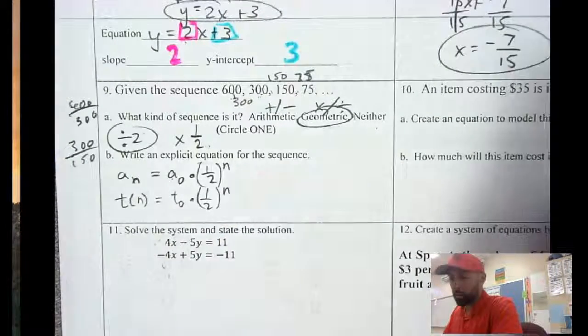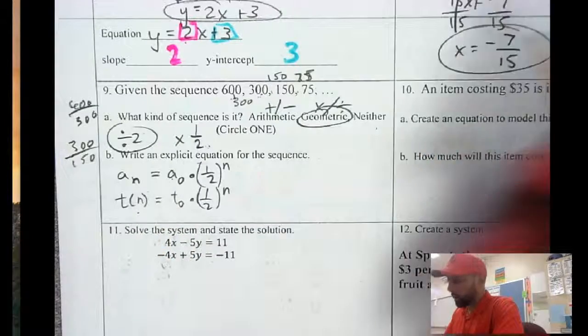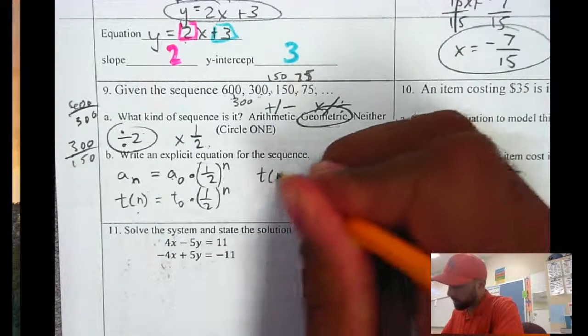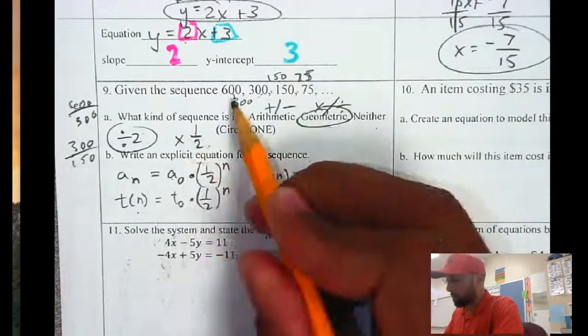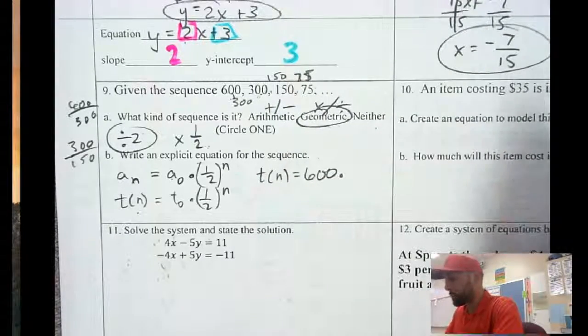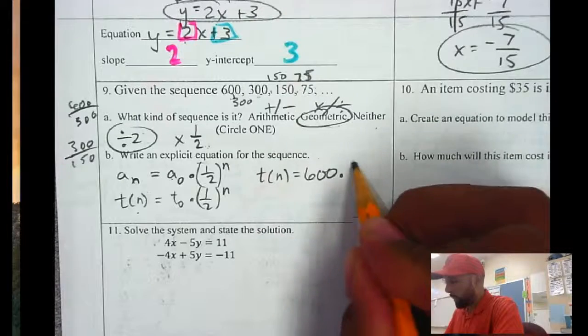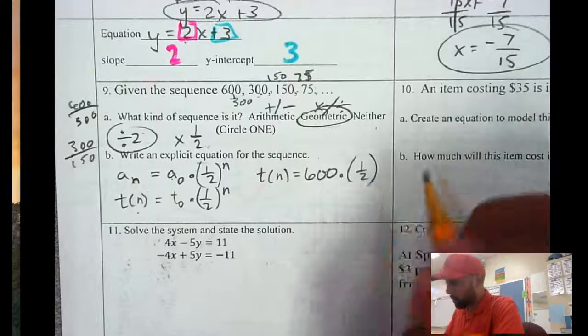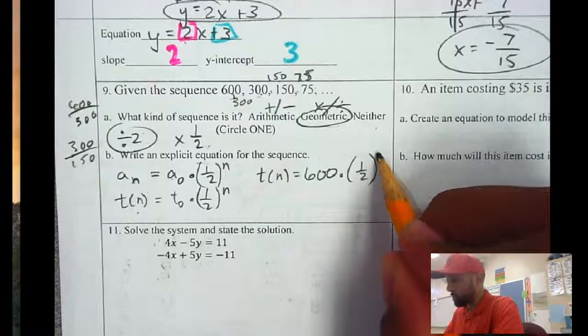That's another way of writing it, because you guys have seen t of n before. So t of n equals the first number, 600, times the 1/2, raised to whatever number you're looking for, or whatever term you're looking for.